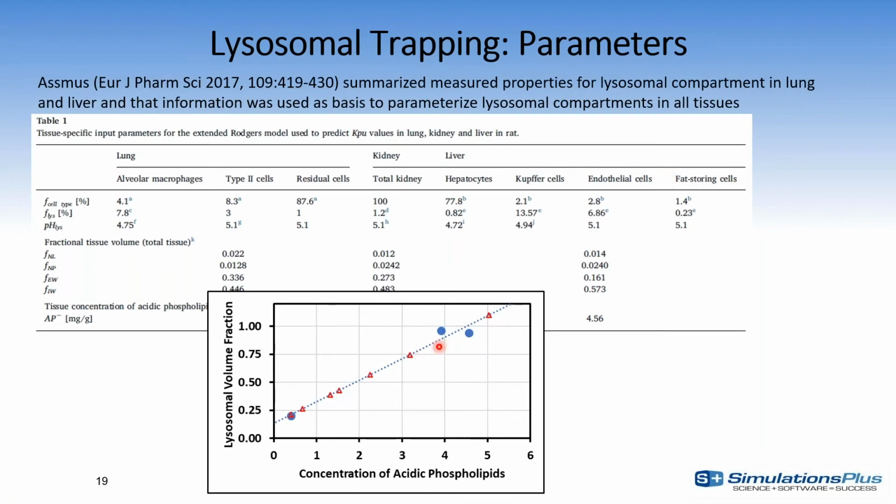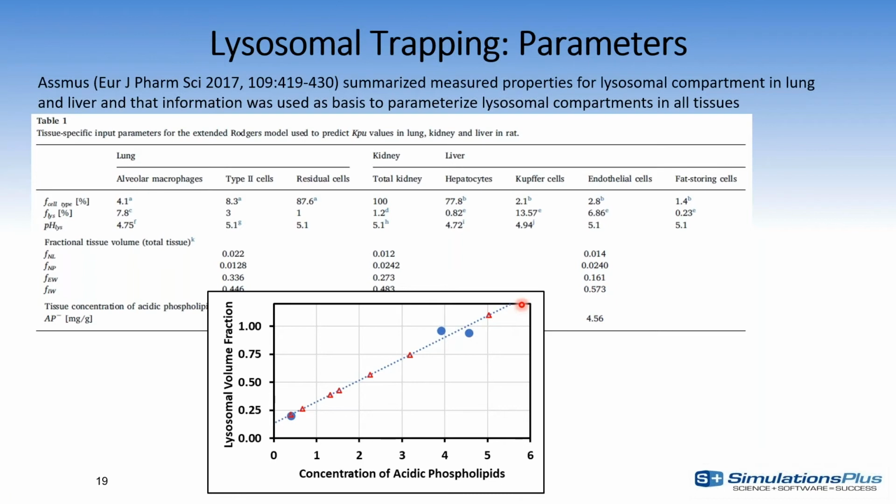In this plot, we are able to make a relationship between the concentration of the acidic phospholipids in these tissues and the lysosomal volume fraction. Using lung, liver, and adipose tissue, we use the fat storing cells to represent the adipose tissue. So that's the three blue dots you see in this plot.